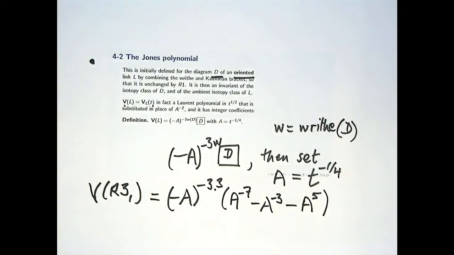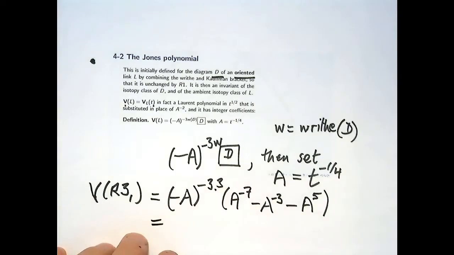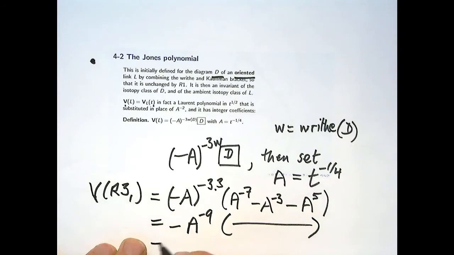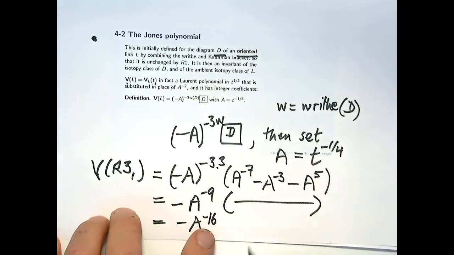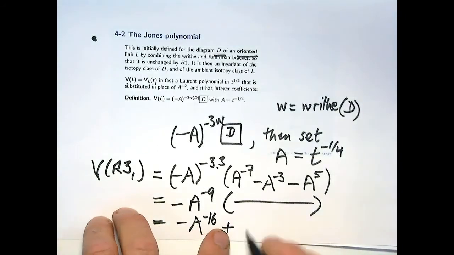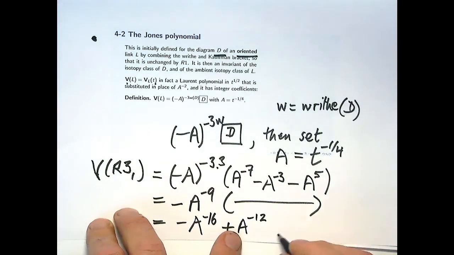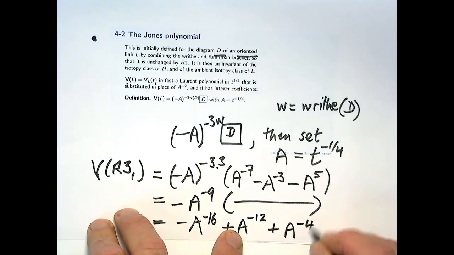So the Kauffman polynomial is minus A to the minus 9 into all this stuff, and that's equal to minus A to the minus 16 plus A to the minus 12 plus A to the minus 4. Agreed?